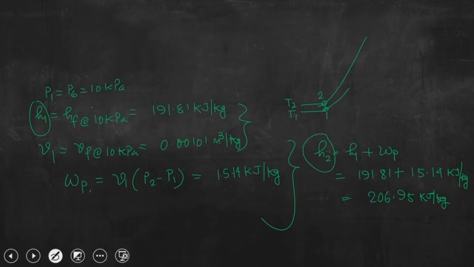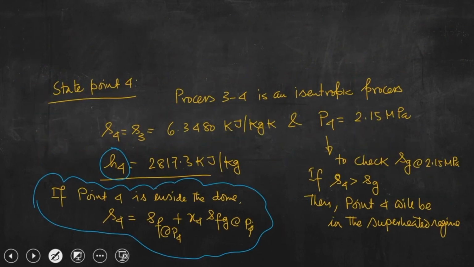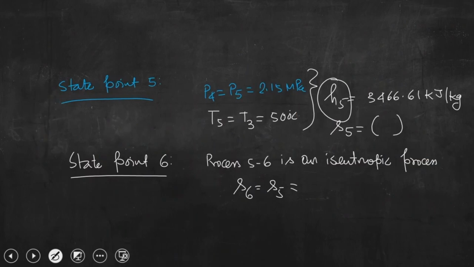So, let me write now, that equal to S5 plus X6 into Sfg, and that is at 10 kilopascal. So, we can calculate S5 from the steam table.